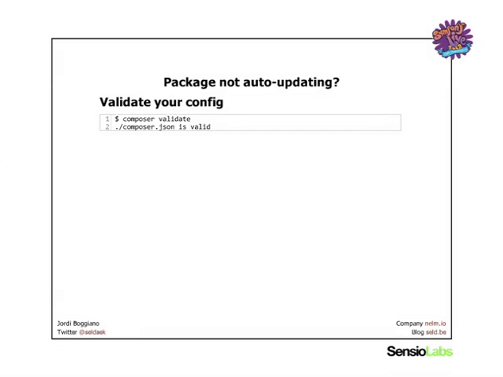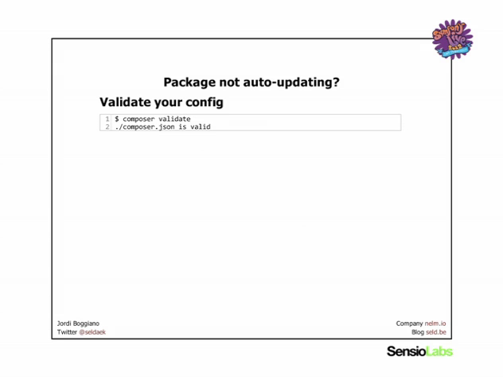That should tell you if there is a typo in the JSON, if there is any weird thing, it should pick it up. It's not complete though, so if you're bored, you can also go in the validate command file and check the to-dos. There are a few things that could be better, but it catches most problems. So usually when it doesn't update, it's because of a JSON typo, honestly.